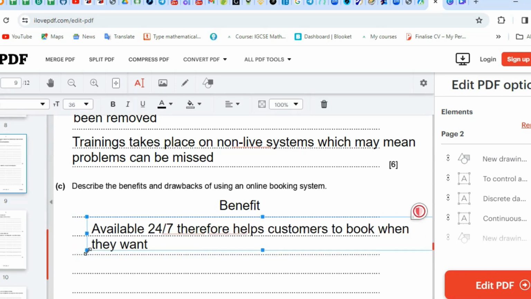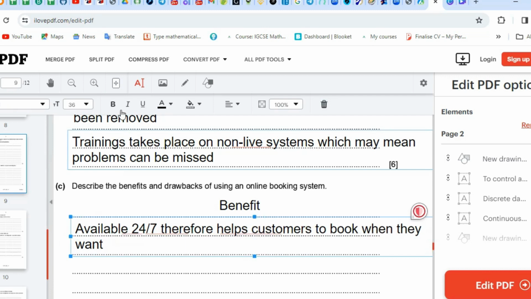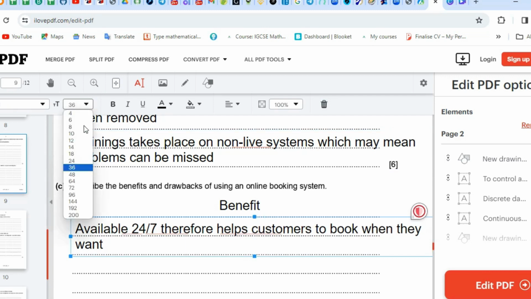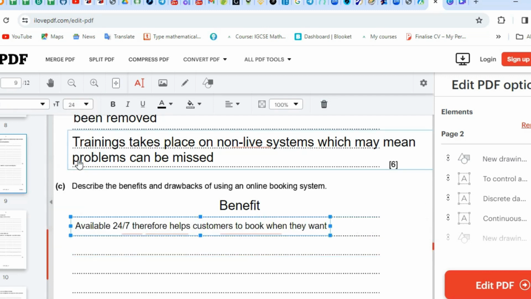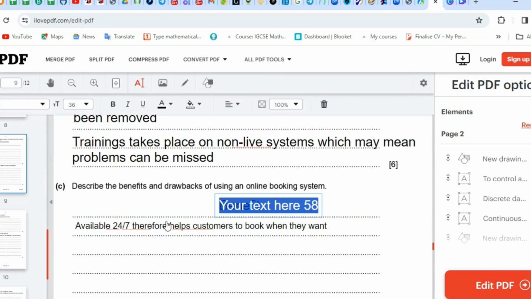Faster booking system as not waiting in queues. When you are online, you want to book, you don't need to queue.